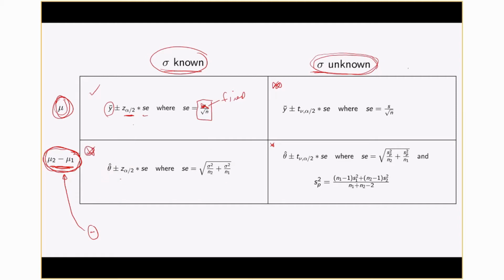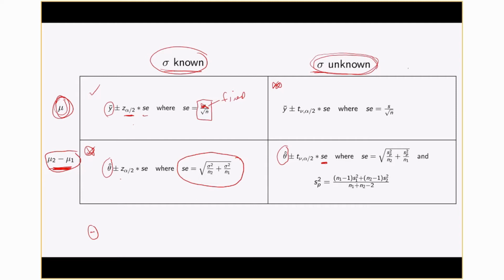So what we're going to have is theta hat, just like here, because we're interested in the difference between two means. And then we're going to need a standard error, and it's going to look a lot like this, which isn't surprising because in both cases, we've got the difference between two means.